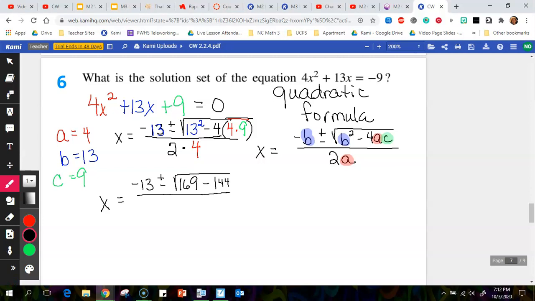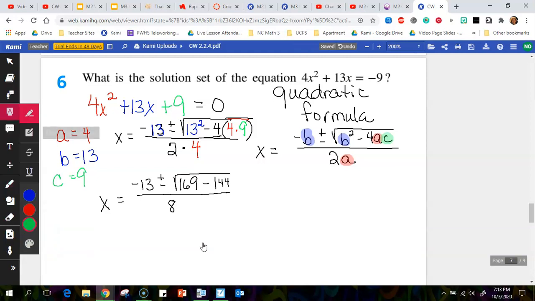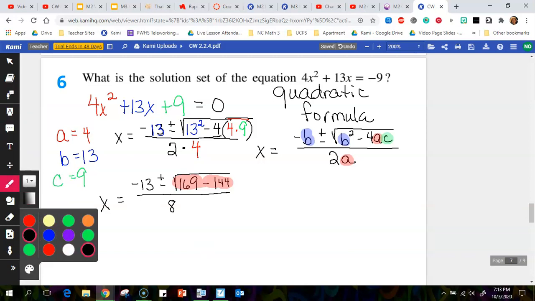And then all of that over 8. So let's figure out what this part is. 169 minus 144 is 25. Well, that makes it a little bit more convenient because I can take the square root of 25.